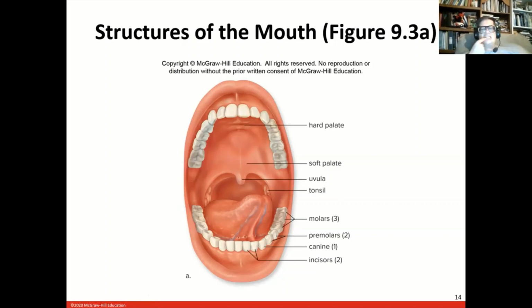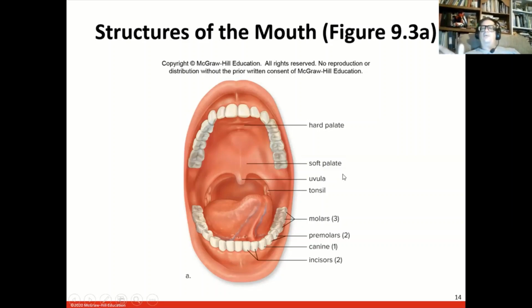What that means is right here in the center, we have two pairs of incisors. If you look right here, this is a pair and that is a pair. So we only count one side. We say two incisors, one canine or eye tooth, that's our kind of pointy one, two premolars, and three molars.